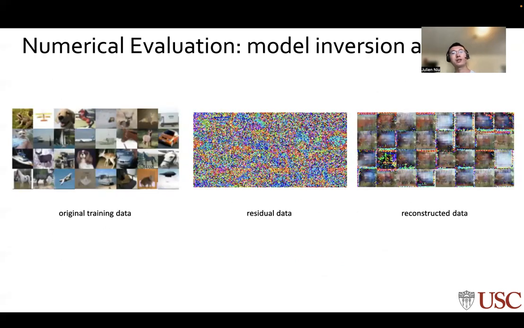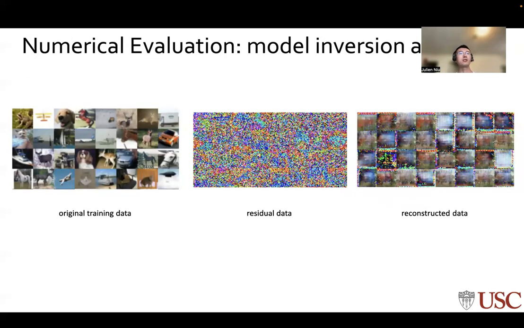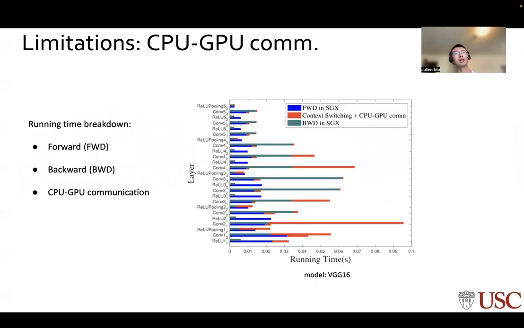Here are some samples, and we can see the difference between the reconstructed data and the original training data. From these samples, we can see that there are not a lot of similarities between the two.